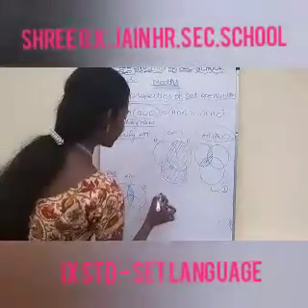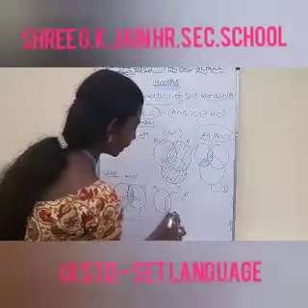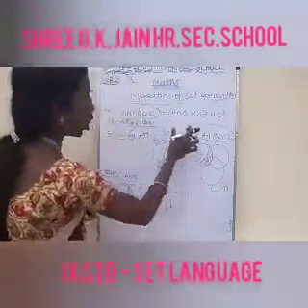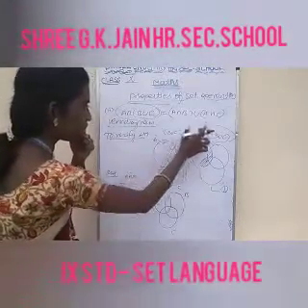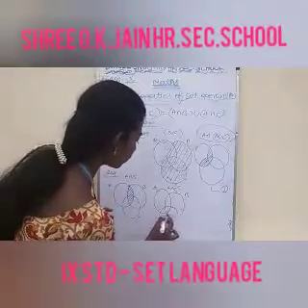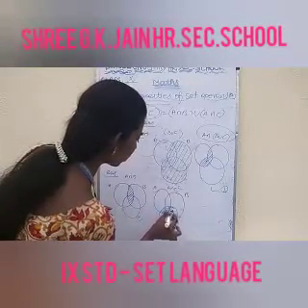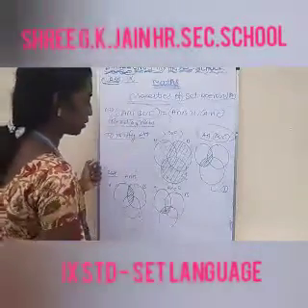Next one, A intersection C. A, B and C. The common portion between A and C is this. This is your common portion between A and C.